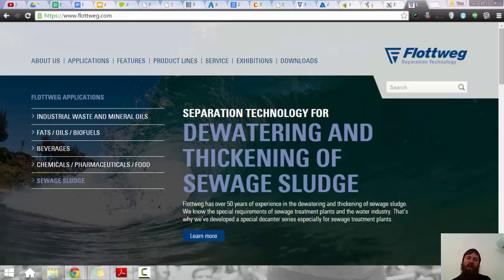So maybe Flottweg is not a good competitor for us to target if we are Oliver Manufacturing, because it looks like their devices may be more for industrial waste, whereas ours is more for agricultural, organic types of food and stuff. So they may be completely different specialties.